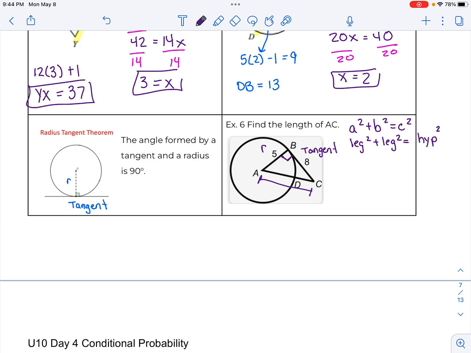Okay, so in this picture, our legs are 5 and 8. And we're looking for the hypotenuse. So we'll just call it x squared. If you square this, you get 25 plus 64. We add those together, you get 89 equals x squared.